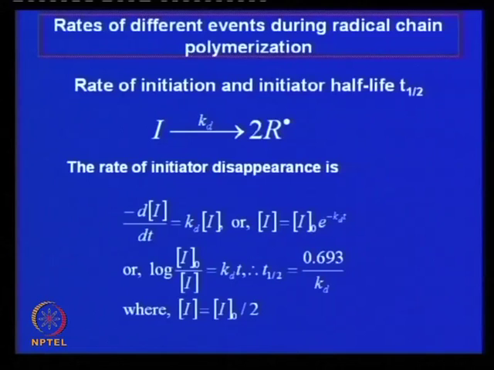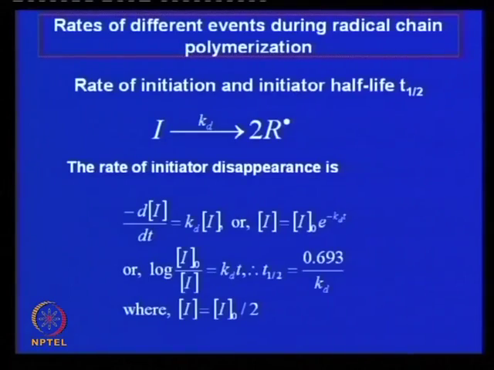So, you have seen sequences of events like initiator decomposition followed by initiation of monomers for polymerization. Once a monomer molecule is initiated, then it starts propagation to form bigger chain molecules.